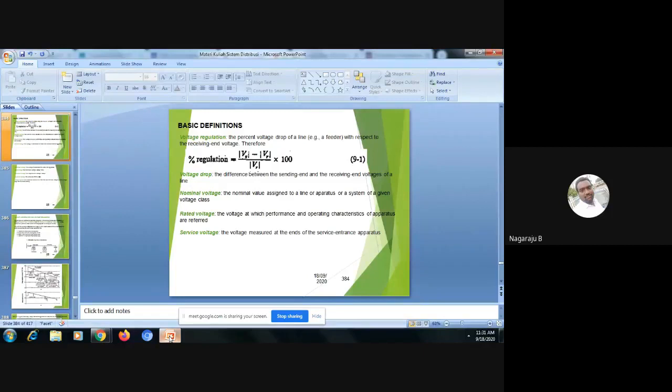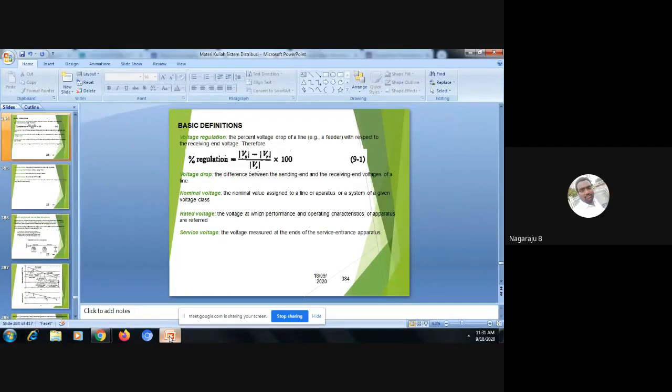These are the definitions you have. Voltage regulation is nothing but the percentage voltage drop of a line with respect to the receiving end. That is, the percentage of voltage drop with respect to the receiving end is the voltage regulation.